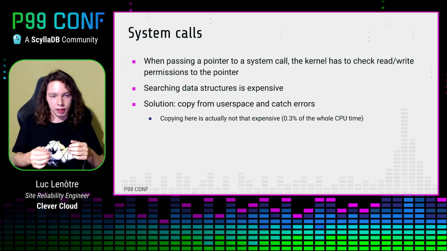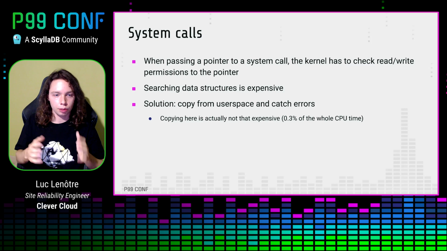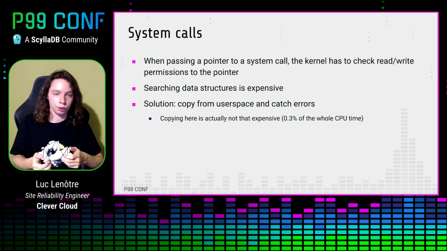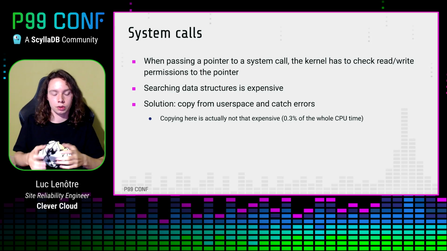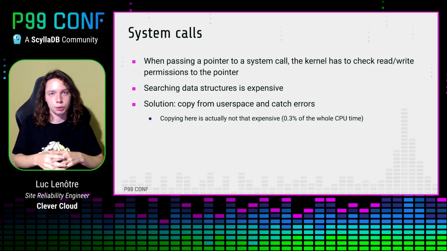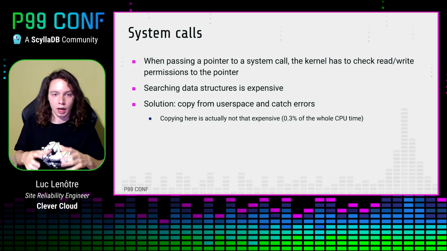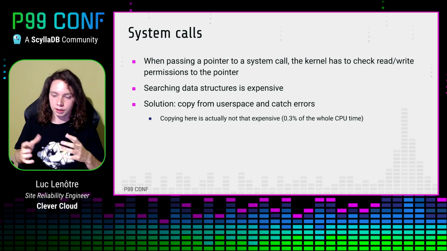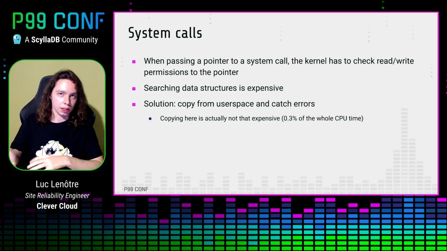So the solution for that is to copy from or to the user space at the given pointer, and we are going to catch errors. Errors are being caught by basically listening for what's called an interrupt. So it's just the hardware that is saying to the kernel, stop your execution, and basically handle this, and then you can go back to it.